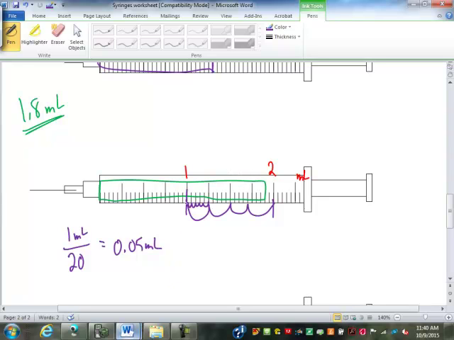So it's easier to count back from 2. This is 2. This would be 1.95. This would be 1.90. 1.85, 1.8 is going to be this one here. So you gotta be careful. It's easy to look at and say, hey, 1.8 is 0.2 milliliters less than 2, so it's 2 divisions. Make sure you know what the divisions are.